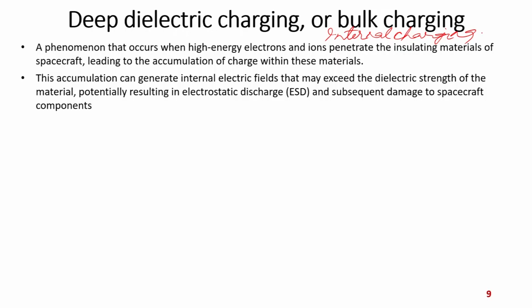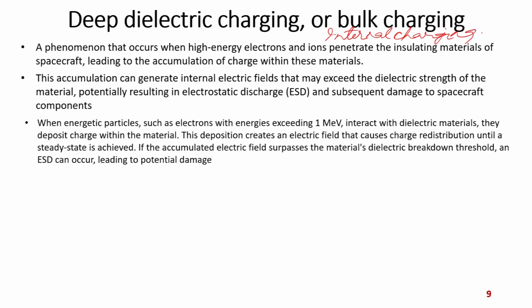So the I squared R loss will be very high, and because of this high temperature it can result in damage to the circuit components. It happens basically whenever the energy of the charged particles exceeds mega electron volts. As I already said, this type of mega electron volt event may happen because of solar energetic particle events, SEP.